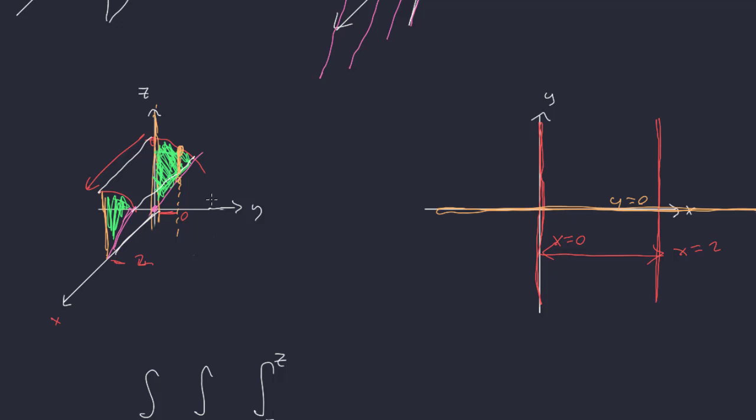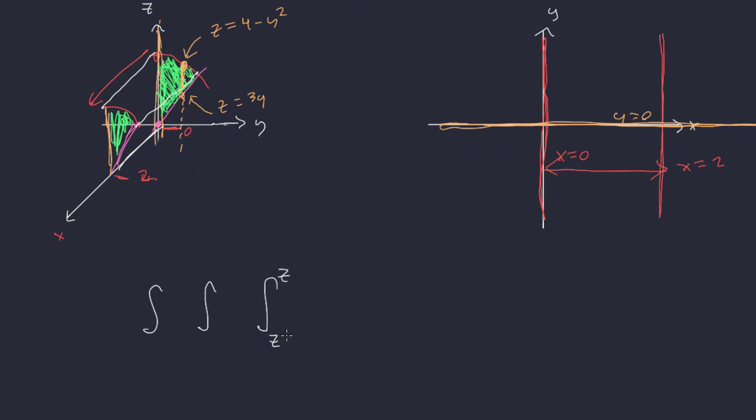Okay, so the base is this line, which is z equals 3y, and the roof is z equals 4 minus y squared. Okay, so that's now going to be our limits. Our limits go from 3y to 4 minus y squared.